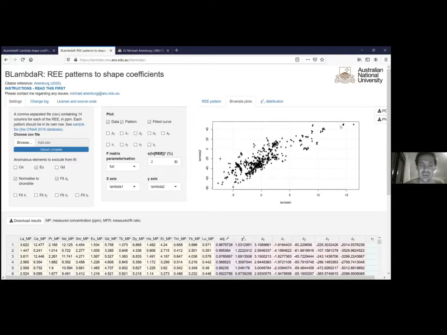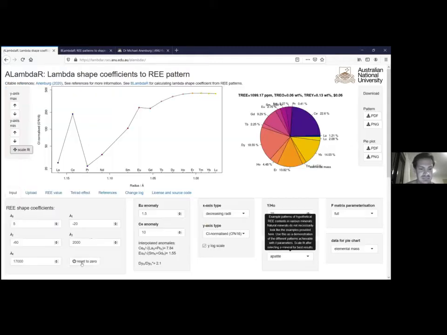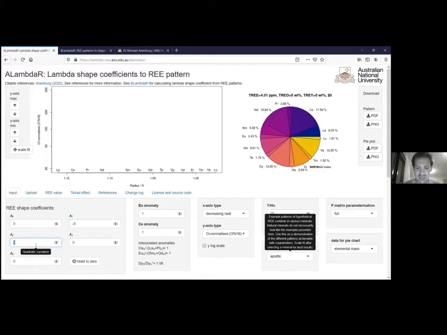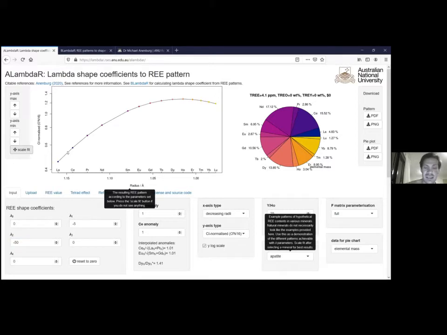Now, because we don't really remember what -5 lambda 1 and something all of that means, it's very easy to just flick through to the other app and type in those numbers. So we had -5 for lambda 1, -50 or something for lambda 2, we can scale, and this is a depleted MORB.